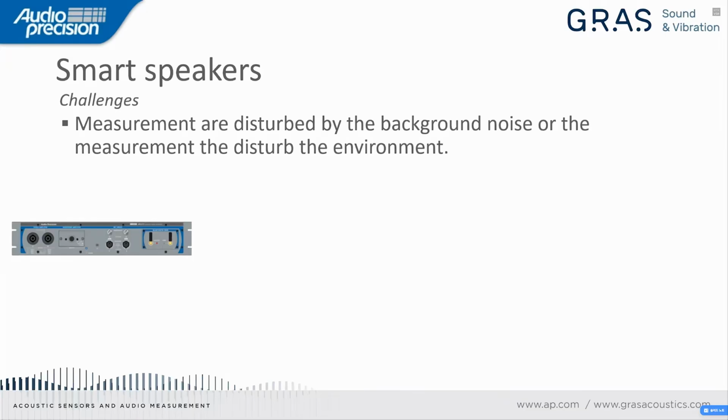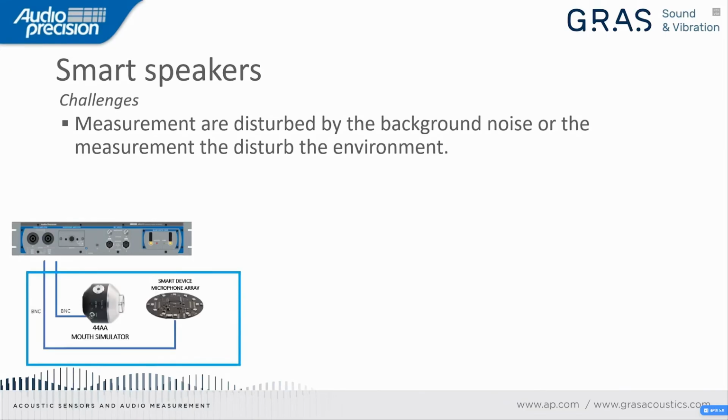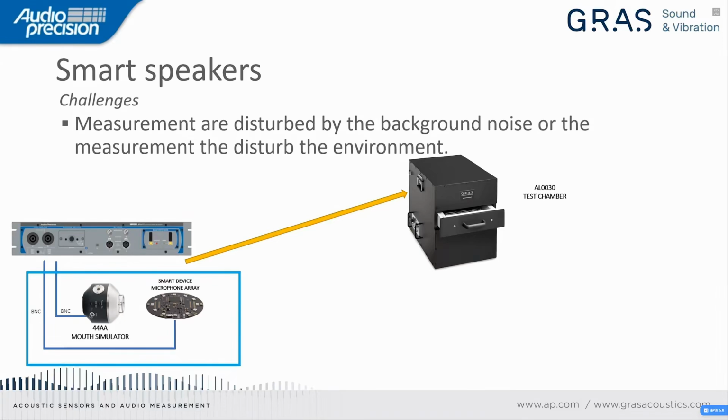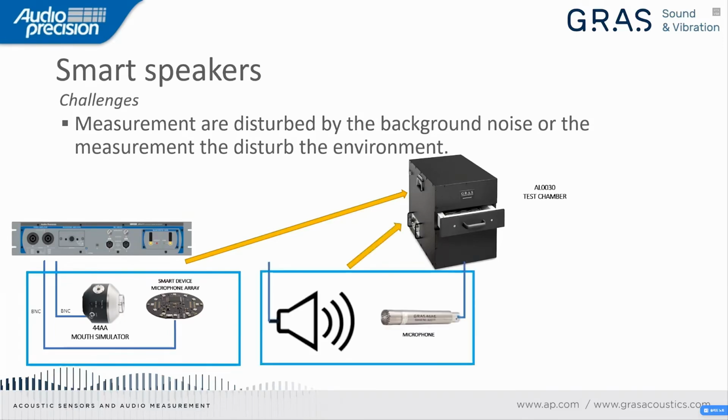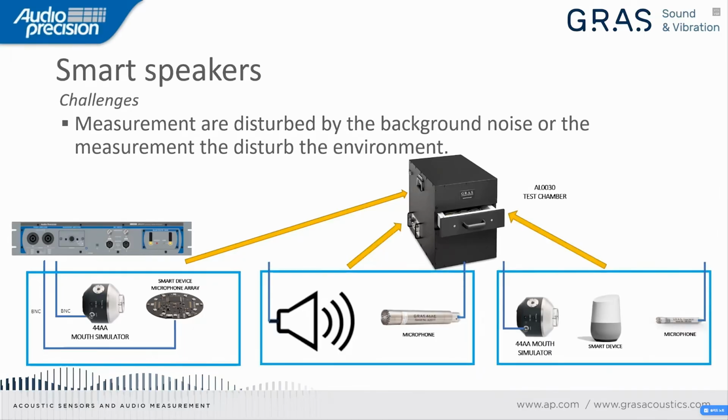When we are doing measurements, the measurements are in some cases disturbed by background noise, or we will disturb the environment around us. So to get rid of this problem, we can place our speaker under test into a test chamber.